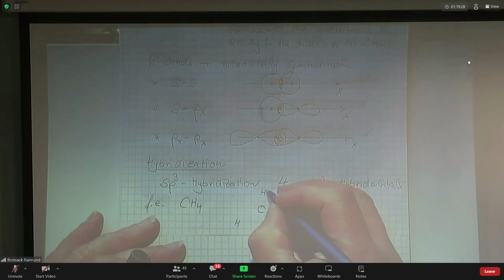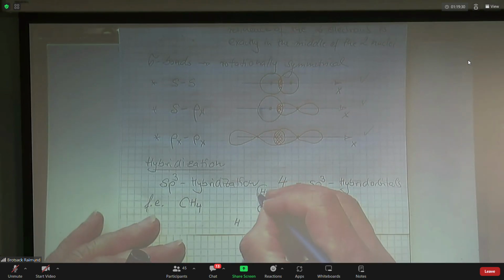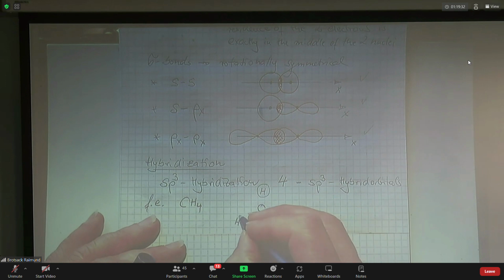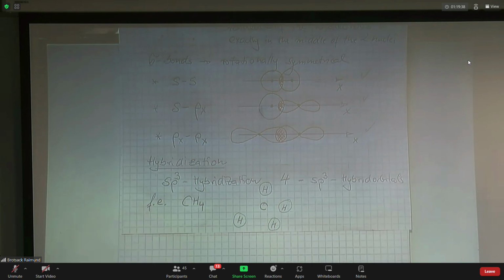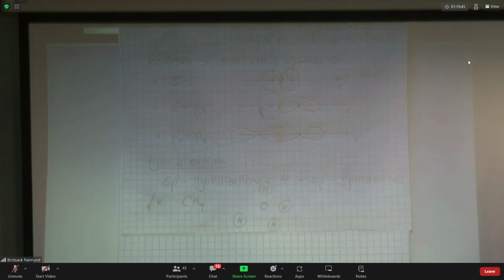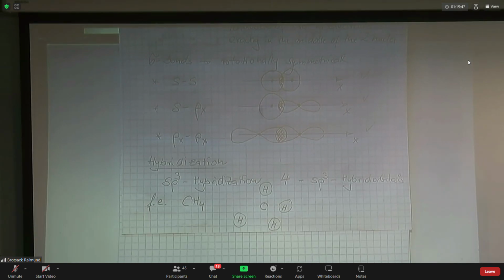Of course, we have these s orbitals. I now symbolize it like this. The s orbitals from the hydrogen. It's a ball.